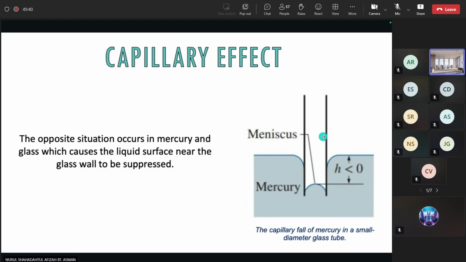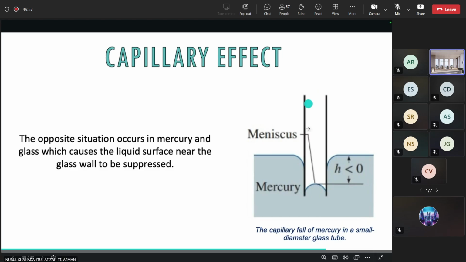It's different with the mercury because the opposite situation occurs in mercury and glass, which cause the liquid surface near the glass wall to be suppressed. Maksudnya ini kita punya bekas lah, your container.